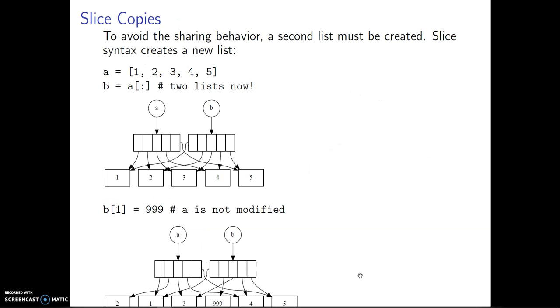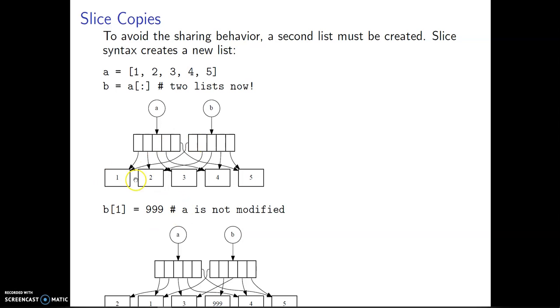So in order to avoid this shared reference behavior, a second list needs to be created. And so you can use the so-called slice syntax to create this new list and then prohibit that shared reference. So rather than A and B both pointing to that reference, which then points to 1, 2, 3, 4, 5, we create two references. So it's now two lists, two separate lists.